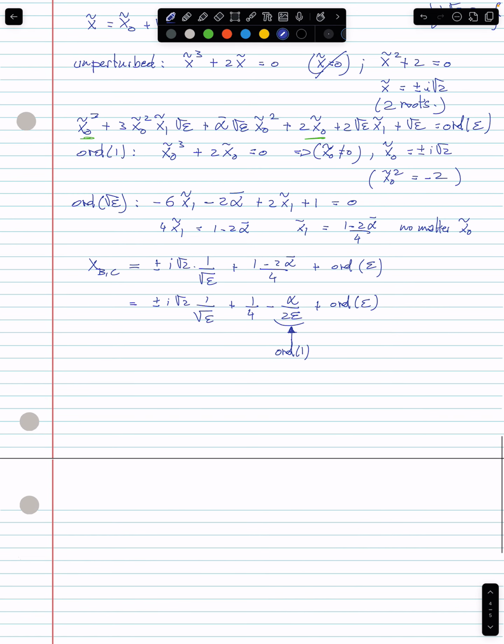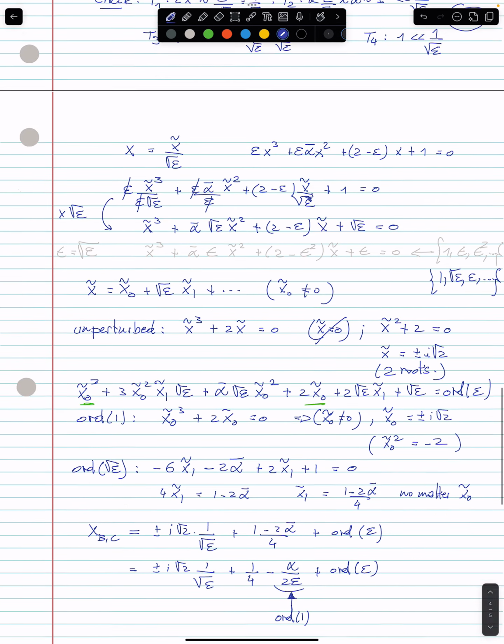Last part of the problem: what would happen if alpha is even smaller, for instance epsilon to another power, to the power p? Well, what would happen if alpha is even smaller?